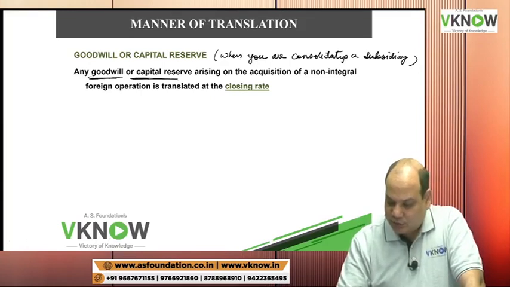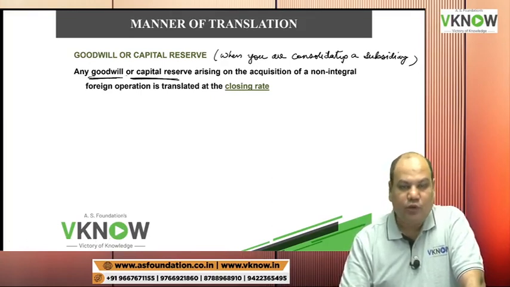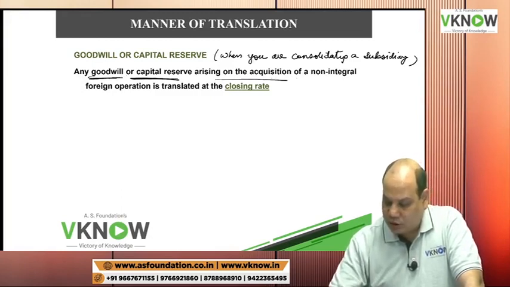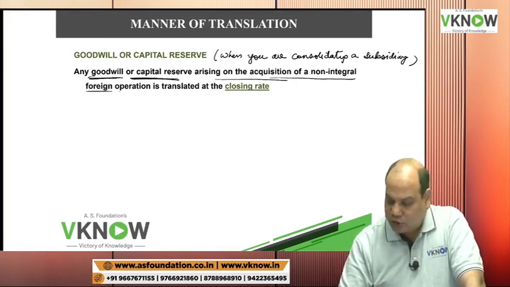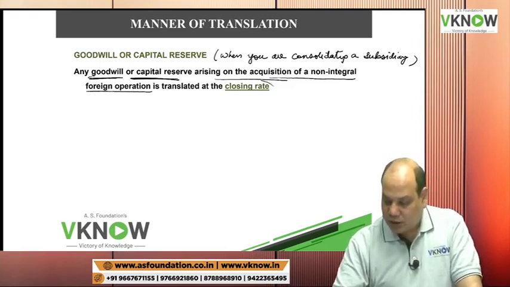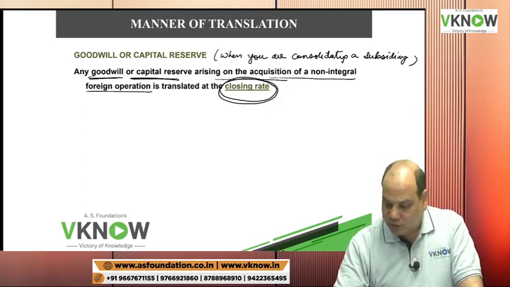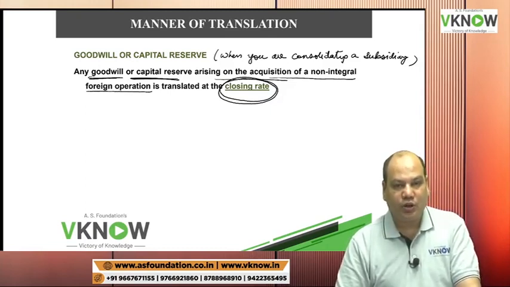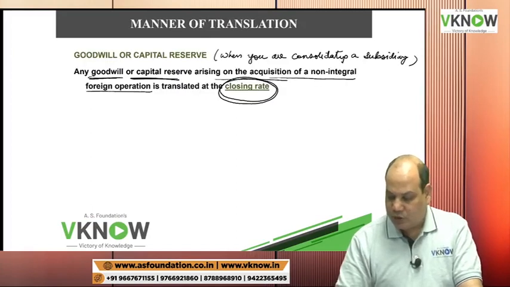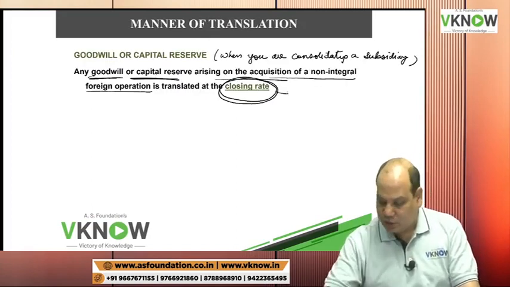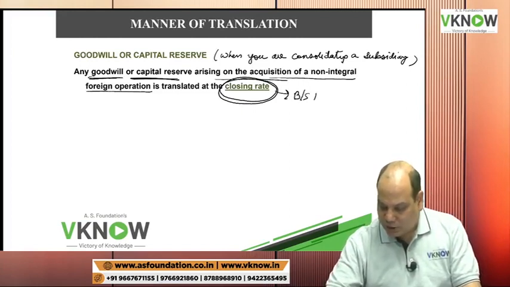This standard says if goodwill or capital reserve arises on the acquisition of a non-integral foreign operation, that goodwill or capital reserve will be converted at closing rate. Closing rate means balance sheet date rate.